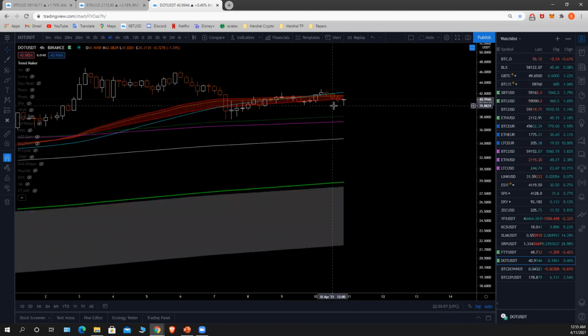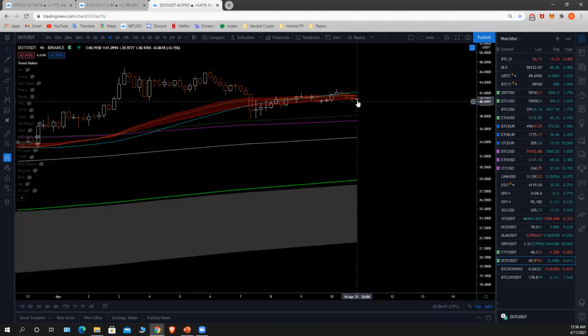On 4 hour, it is kind of breaking below this Trend Maker ribbon. So if this candle also closes under this ribbon, then we can expect Dot to move to this next support area, which is this green line around 38.2. And then maybe we can have the next bounce from there.